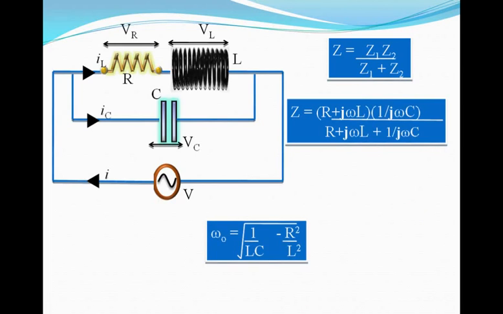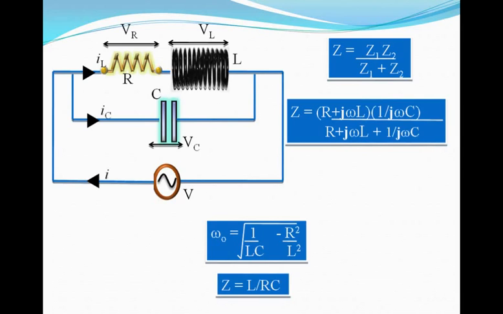Omega naught is square root of 1 by LC minus R square by L square. Of course, you have to remember this expression as it is very, very important for competitive examinations. So this represents the angular frequency at which a parallel circuit experiences resonance. That is, its net reactive component becomes 0.